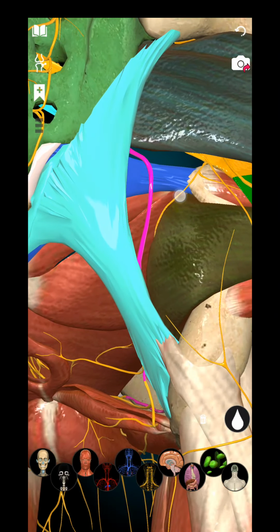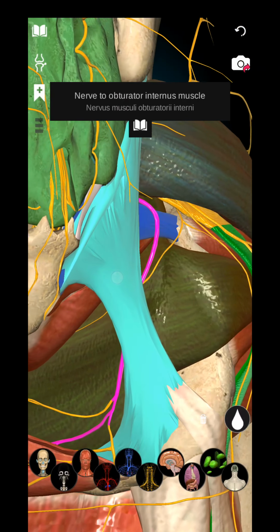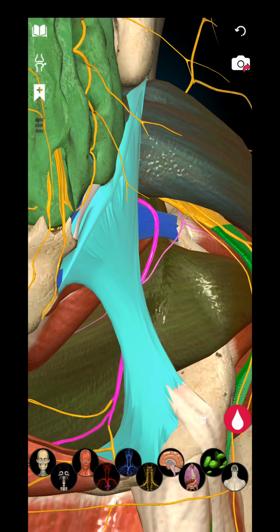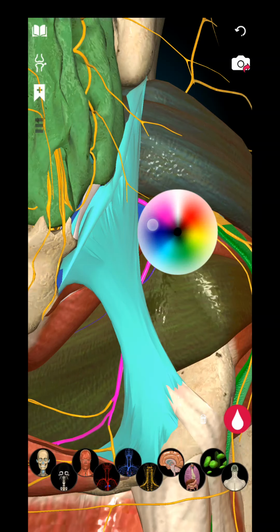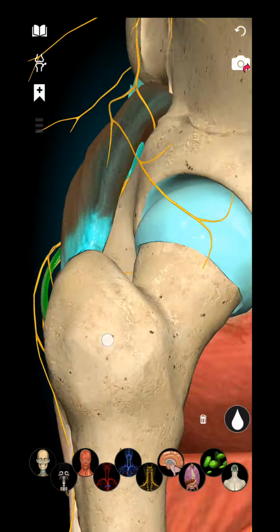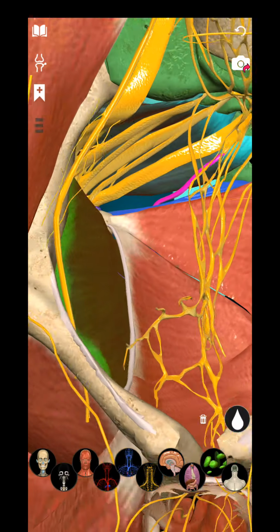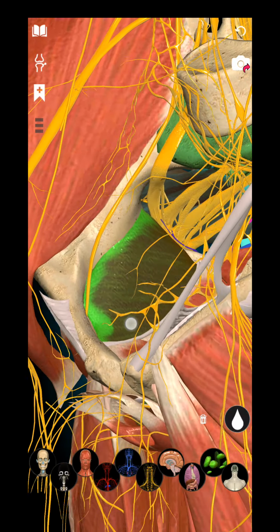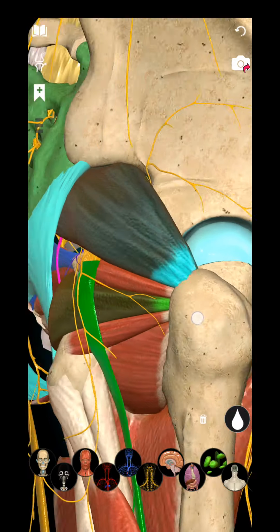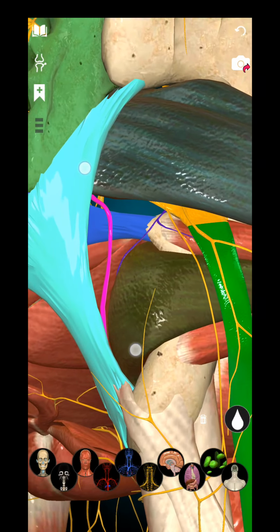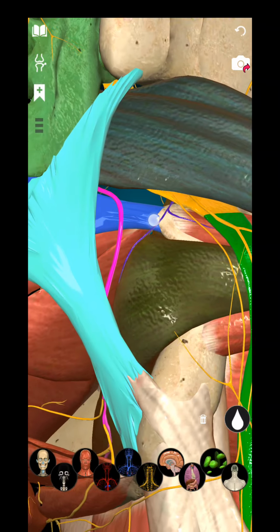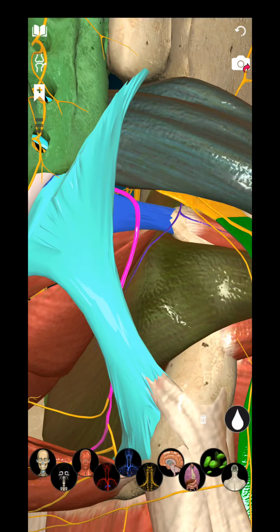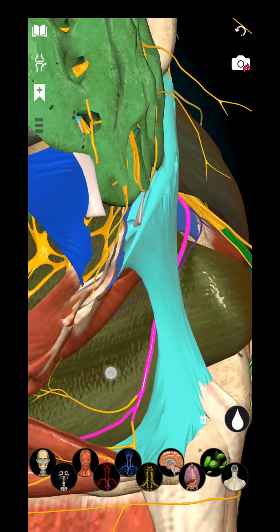Similar is the nerve to obturator internus. See, if I give this another, let us give it a lighter shade of pink. No, we won't be able to see. Let us give it a shade of purple. Yes. Again, if we look inside the pelvic cavity, here you can see the formation of the nerve to obturator internus. So it is forming inside the pelvic cavity, and if we go behind, it exits the pelvic cavity, enters the gluteal region for this much distance, and then via the lesser sciatic foramen, just like the pudendal nerve, it enters the perineum.